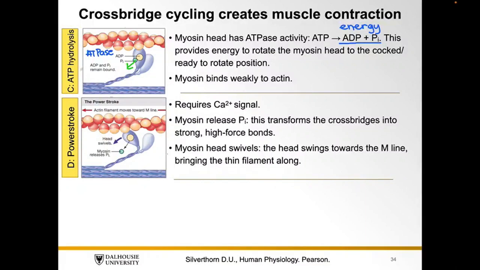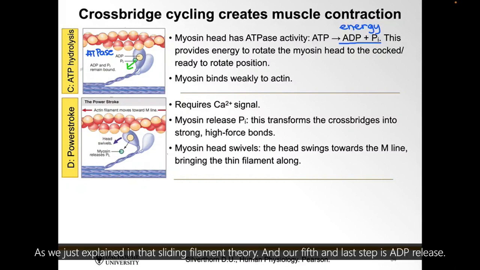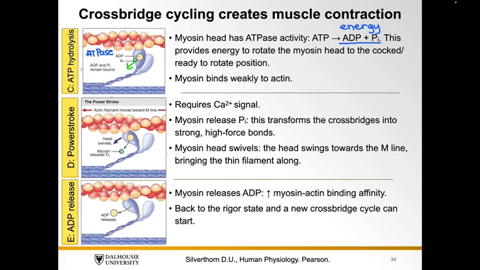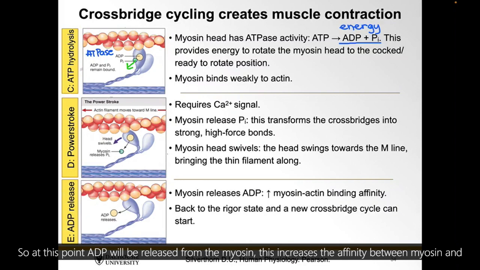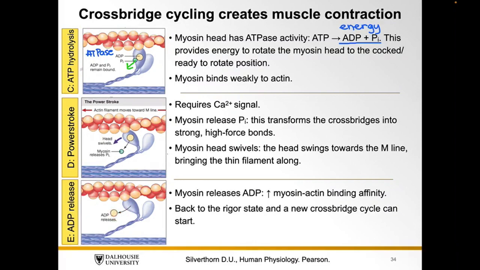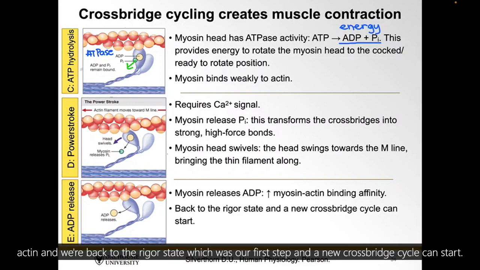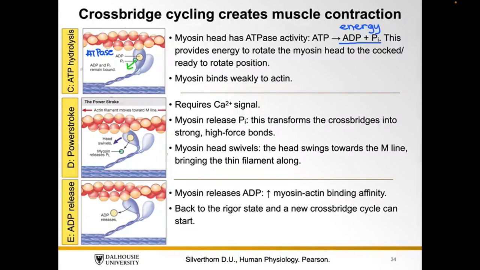And that's how the thin filament slides past the thick filament, as we just explained in the sliding filament theory. And our fifth and last step is ADP release. So at this point, ADP will be released from the myosin. This increases the affinity between myosin and actin, and we're back to the rigor state, which was our first step, and a new cross-bridge cycle can start.